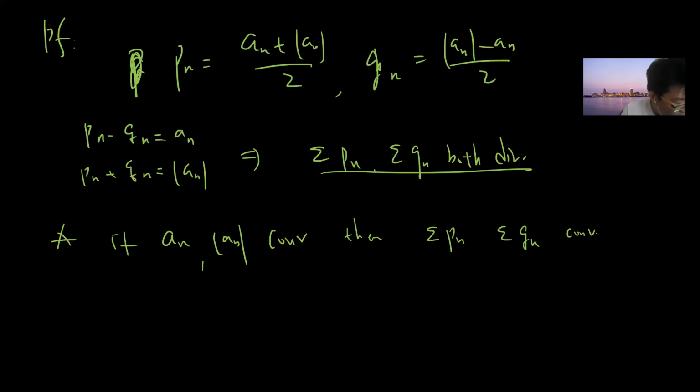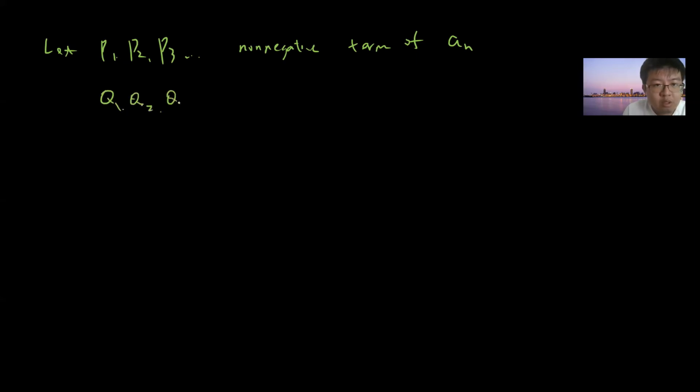Okay, so this is just some notation. Let's let P1, P2, P3 denote the non-negative terms of An, and Q1, Q2 be the negative terms in An.